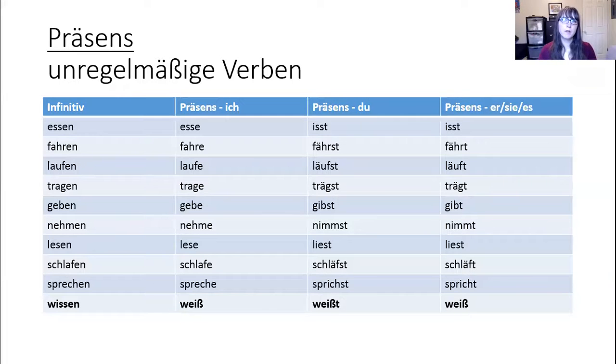So I'm going to go over some really common verbs that you might learn early on in your studies. These are all irregular, which means that in the present tense, they will have some kind of vowel change in the du form, so that's second person singular, and also third person singular, so er, sie, es.